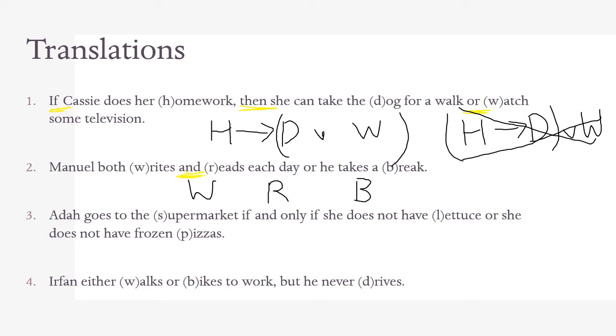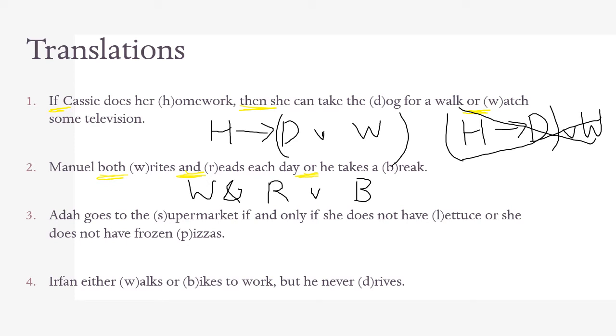We have an and, and then also we have a both, so both and. And so that signifies that we have an ampersand. And now let's look at the rest of the sentence. Manuel both writes and reads each day, or he takes a break. So or is represented by the wedge.